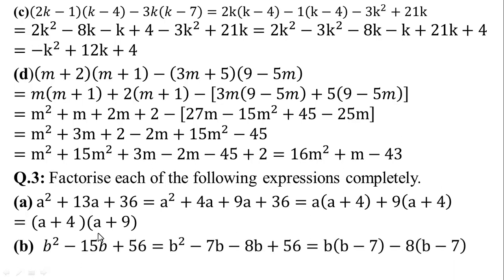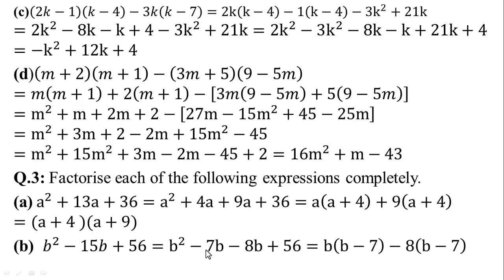In the second part, B part, b square minus 15b plus 56. 56 ones are 56. Now the mid-term breaking of 15 into 2 parts, when multiplied, answer is 56, and when added, answer is 15. Now we have minus 7 and minus 8, answer is 15. 8 sevens are 56.